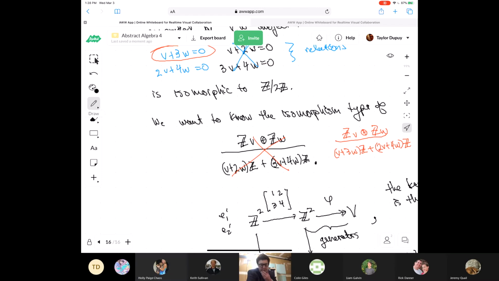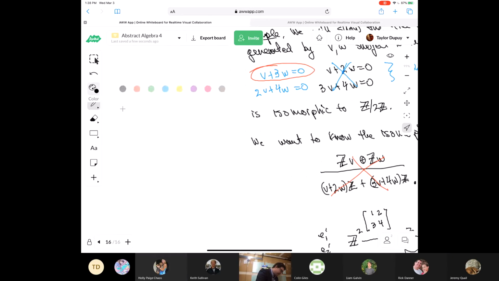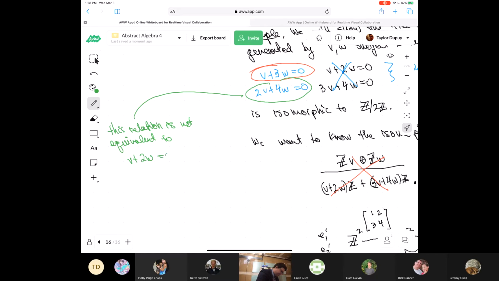So you can't factor out by 2 because it has some annihilators. So this is saying that V plus 2W is killed. So V plus 2W isn't necessarily 0, right? But V plus 2W is annihilated by 2. So this relation, that's a good question, is not equivalent to V plus 2W is equal to 0.